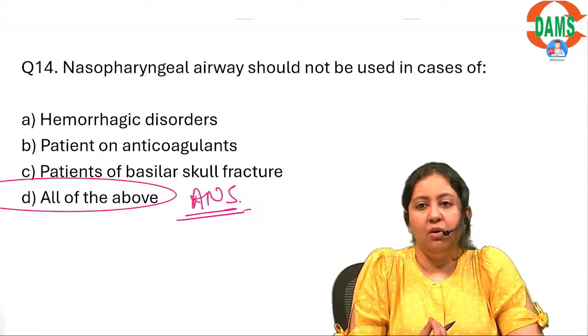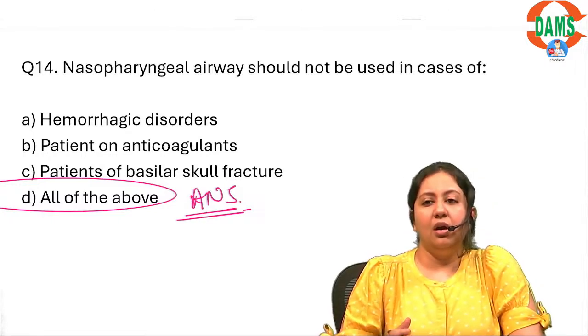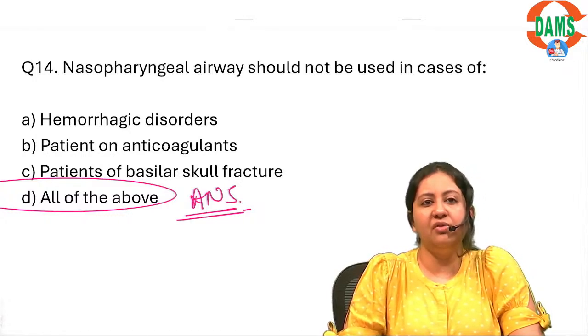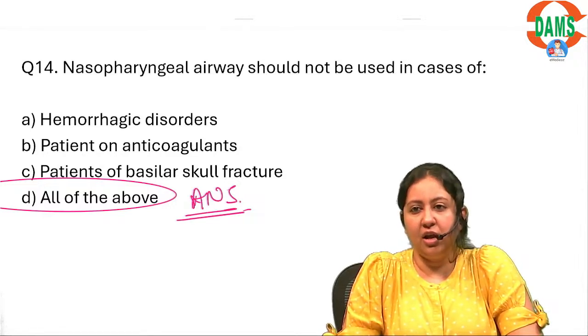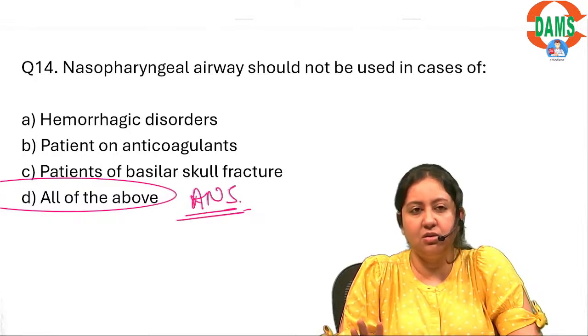highly vascular also. So if patients are suffering from any hemorrhagic disorders, or if they are on anticoagulants, we try to avoid a nasopharyngeal airway. Basilar skull fracture, definitely we are going to avoid a nasopharyngeal airway, there's no doubt about it.